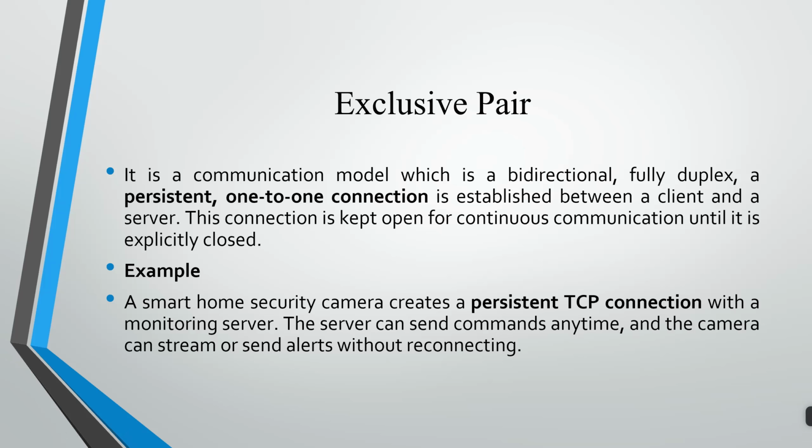Then the exclusive pair model. It's another communication model which is bidirectional, full duplex, a persistent one-to-one connection established between a client and a server. The connection is kept open for continuous communication until it is explicitly closed.